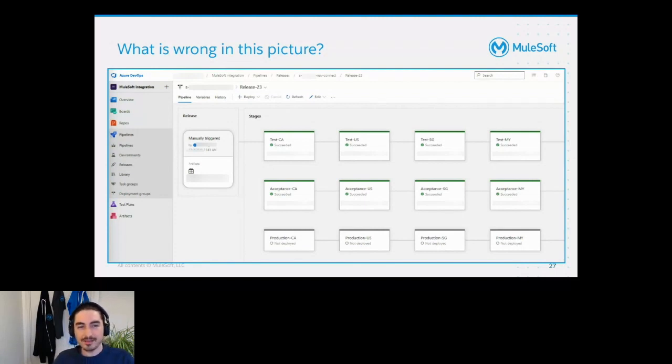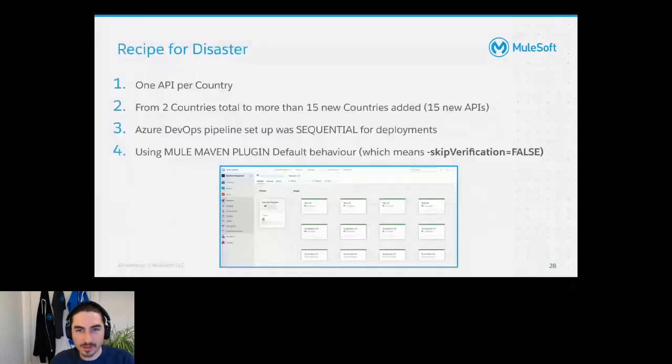You need at this point to ask as many questions as you can to understand why it is set up like that, what the requirements are, what the constraints are. For this particular customer, there was one API per country, and they moved recently from having only 2 countries in total to more than 15 countries.